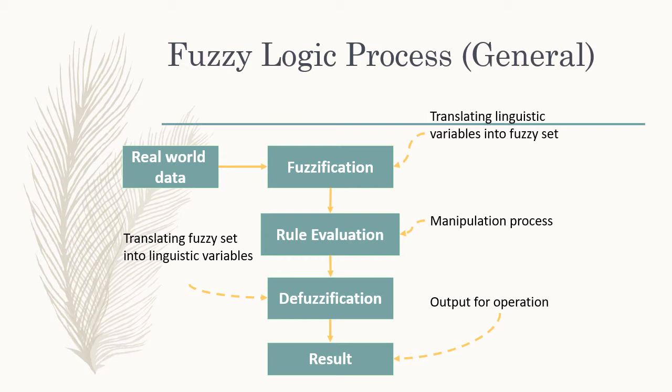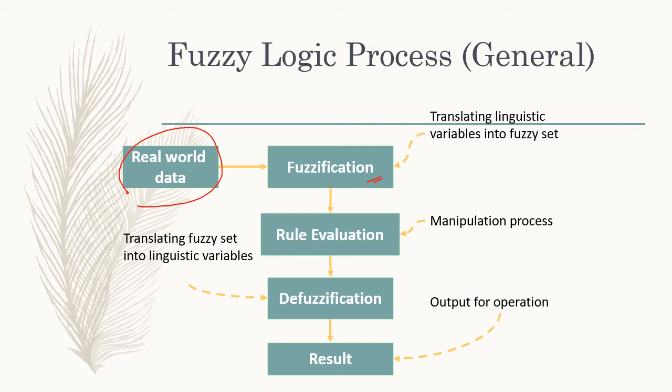First thing first, you have your real world data. This is the data that you have collected, meaning all of those expert opinions and variables. These are what we call the real world data. Then these data will be fed into the fuzzification process.